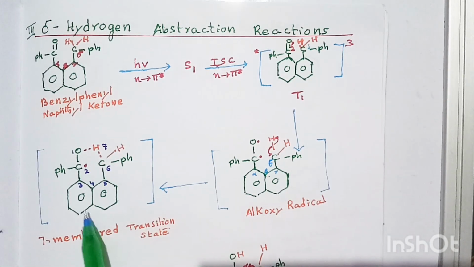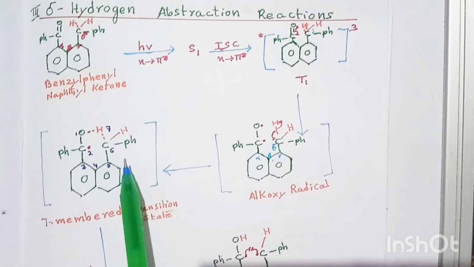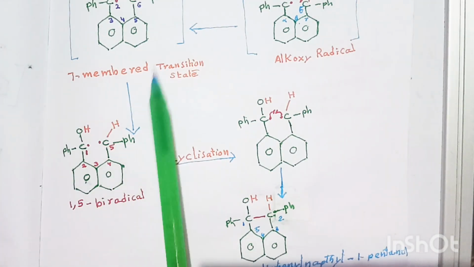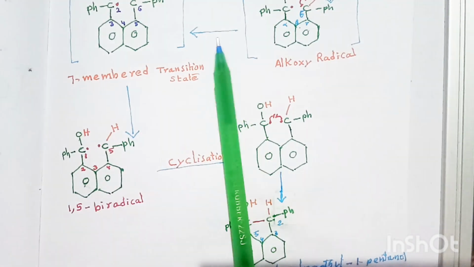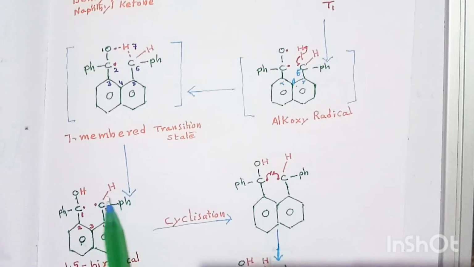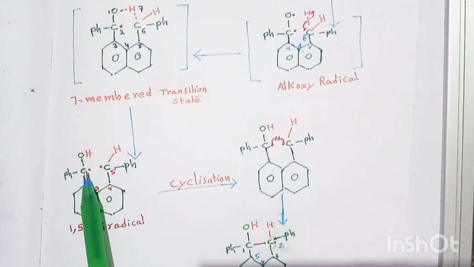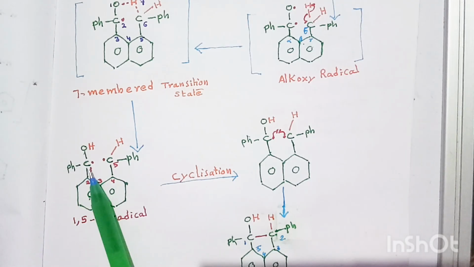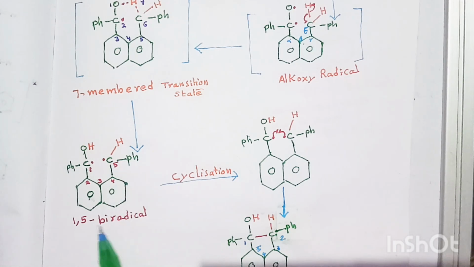Later on, the bond between delta carbon and delta hydrogen cleaves totally, and this hydrogen gets attached to oxygen. As a result we get 1, 2, 3, 4, 5, a 1,5 biradical.